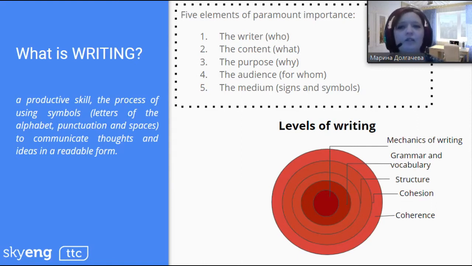Of course, we have different activities where students are to show their writing skills. But actually, there are different types or levels of writing. And we all start with the mechanics of writing. So students should know how to write letters correctly, how to use different punctuation marks as well. Then the next level is connected with grammar and vocabulary.